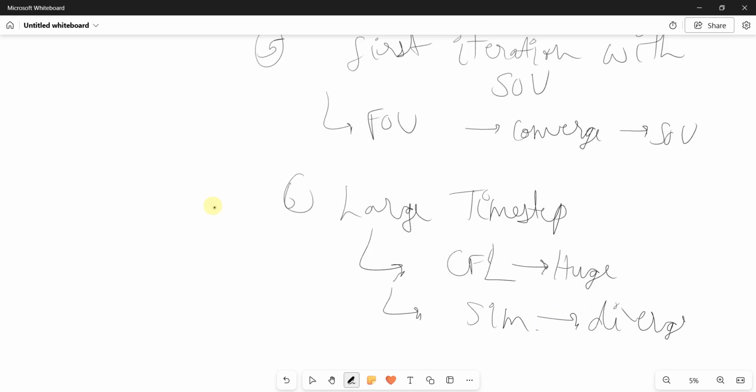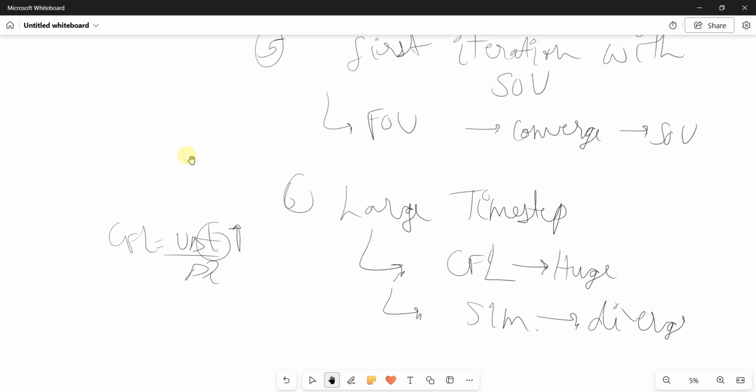So how is time step related to this? It's u delta t divided by delta x, right? If this increases, your CFL is going to increase, and if you're skipping a lot, you're missing details, so you will end up in a situation where your solution will diverge. That is something you don't need.